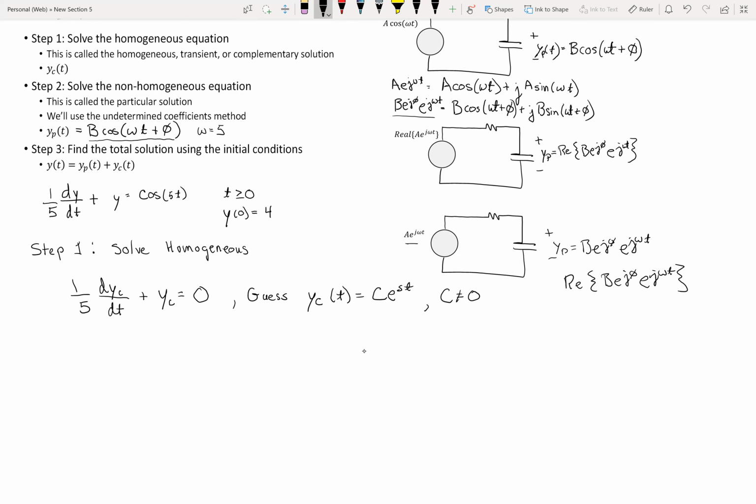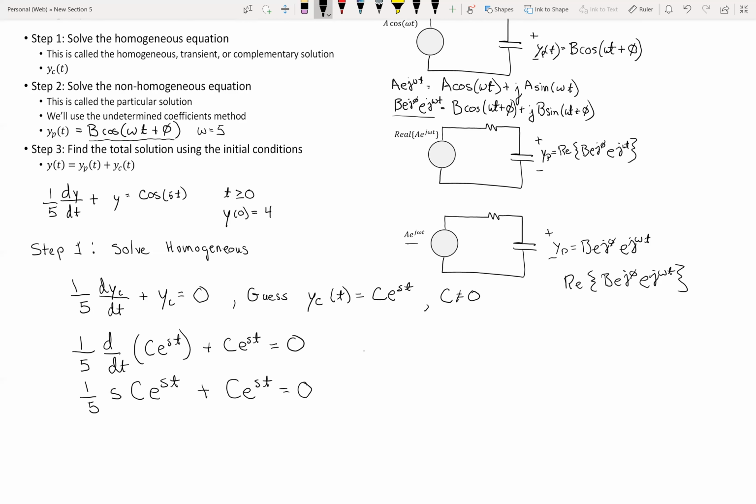Okay, so since it's a guess, I plug that in: d by dt of c e to the st plus c e to the st equal to 0. Then I need to take the derivative of the first term, so I get 1/5 s c e to the st plus c e to the st equal to 0.